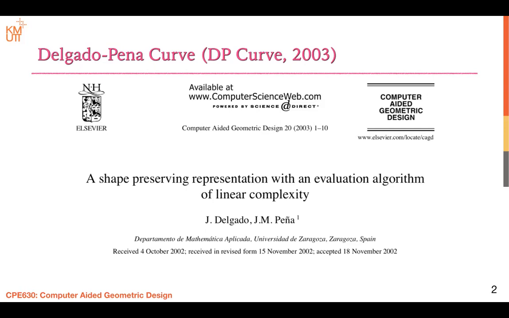This is why there was the idea that we should develop a new curve, in the year 2003. This curve was developed by two Spanish mathematicians from the same university.